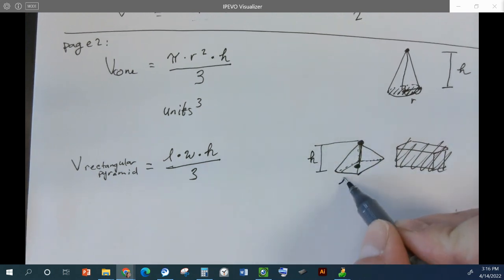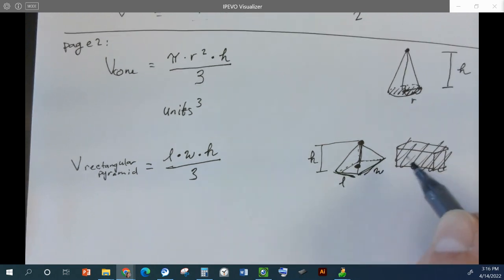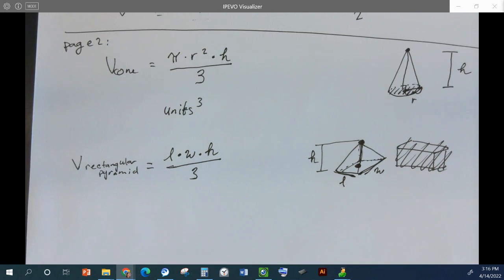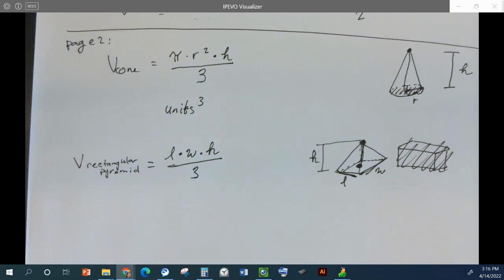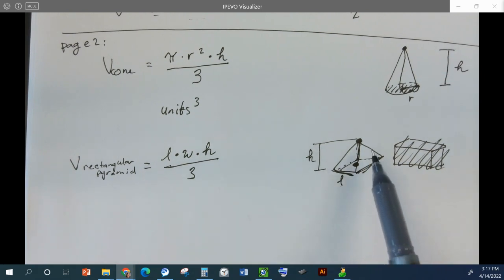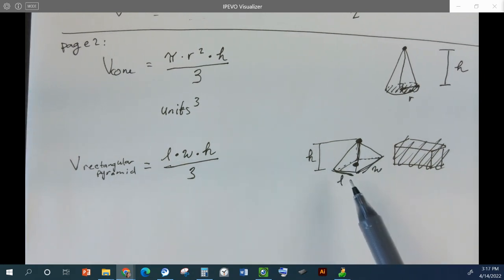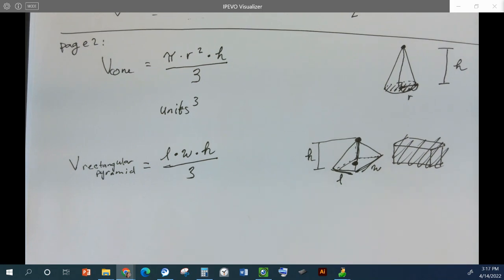And then these other sides on the bottom are the length and the width. Again, I'm not a very good artist, so you could probably draw a better picture than me. So that's the volume of a rectangular pyramid. And because this is a 3D shape, our units will be cubed. So if it's feet, our feet will be cubed at the end.